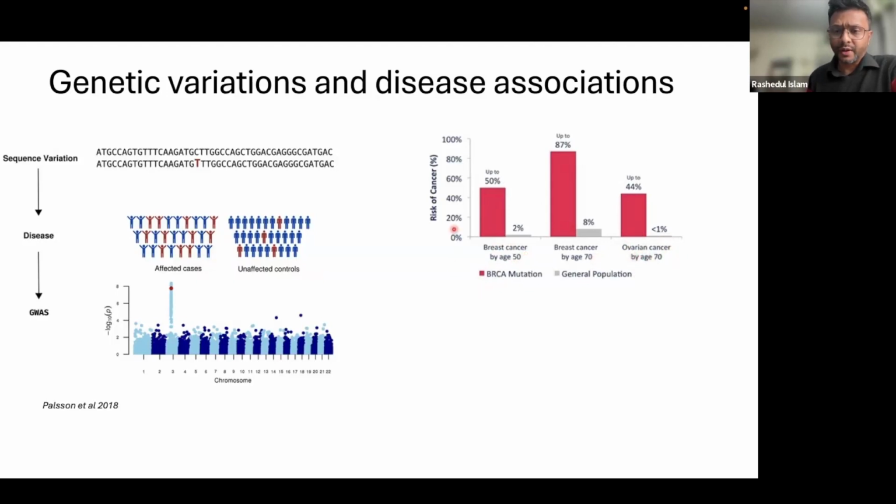So it is important to note that although individuals are carrying the BRCA mutation, there are 50% of the individuals who don't show the symptoms of the disease, or they never have the disease in their lifetime. Also, there is an age factor. The people carrying the same mutation don't get the cancer in the earlier stages of their life.